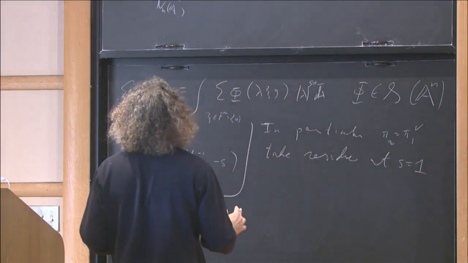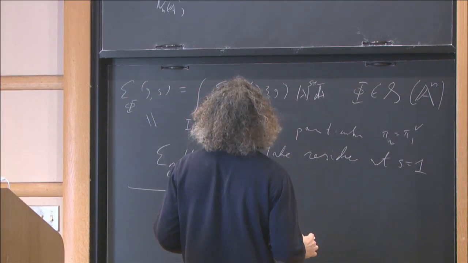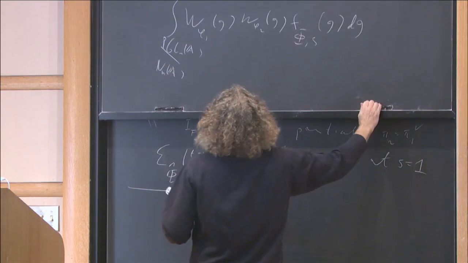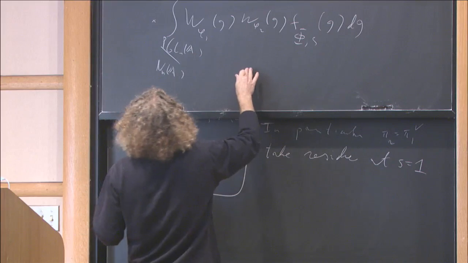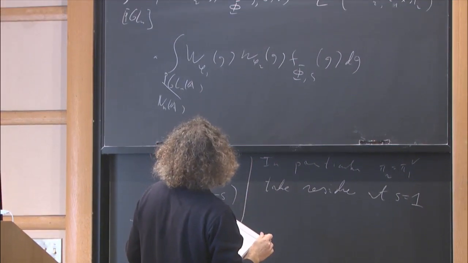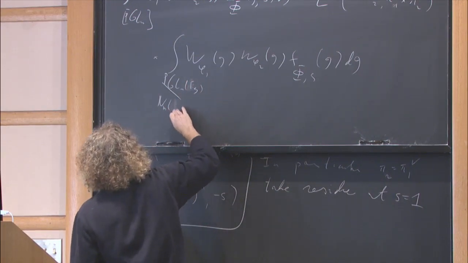Oh, you really mean to say that the bottom is equal to the left side, right? Sorry, what? But then you want to sign it. Oh, I'm sorry. Thank you.